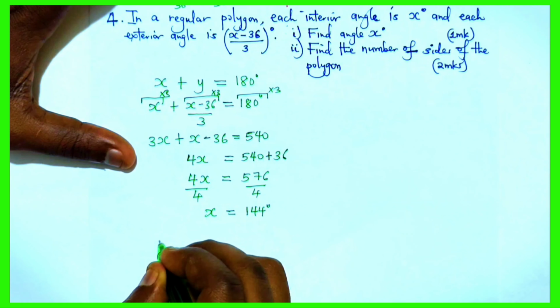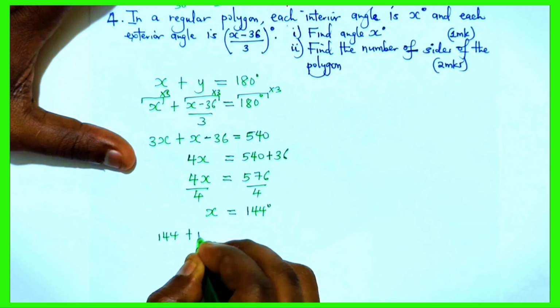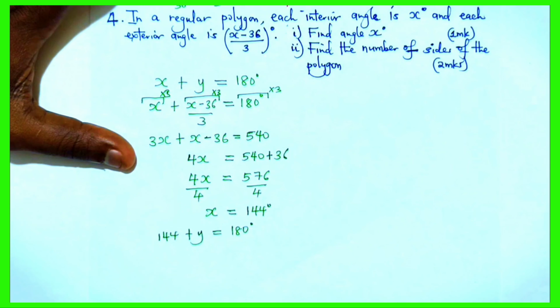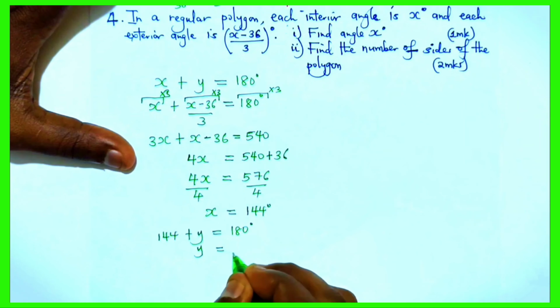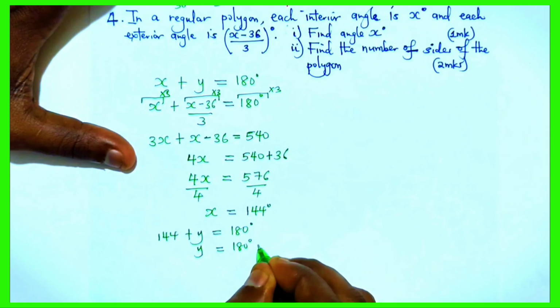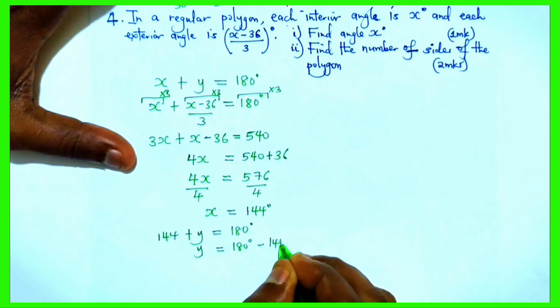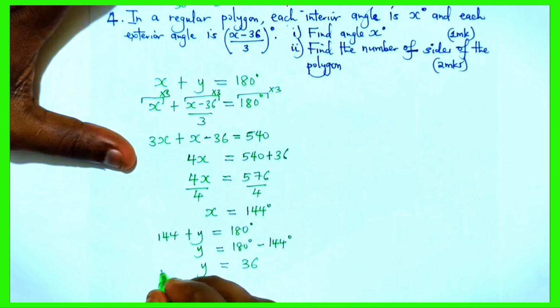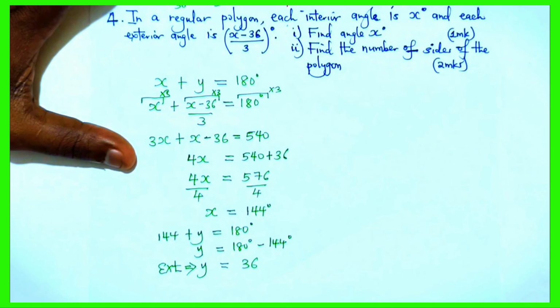I can talk of the interior angle being 144 plus y to be equal to 180 degrees. And therefore y will be equal to 180 degrees minus 144 degrees. So the value of y is equal to 36. And this is the exterior angle.